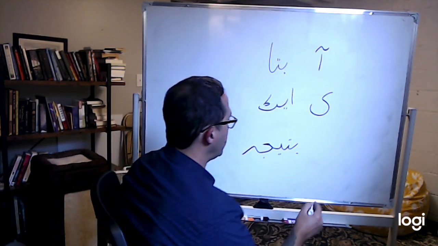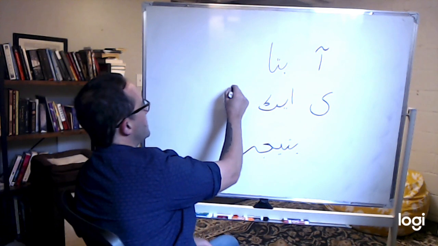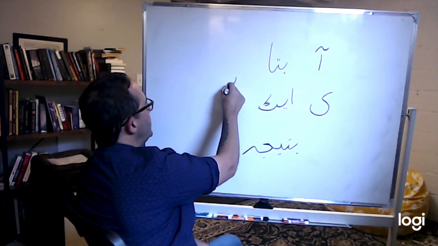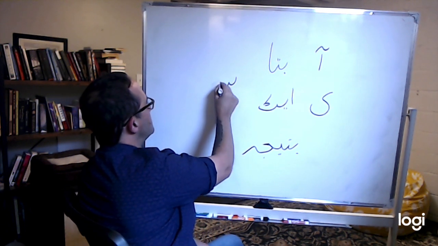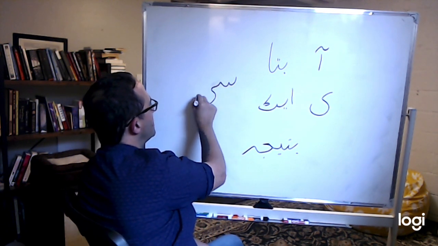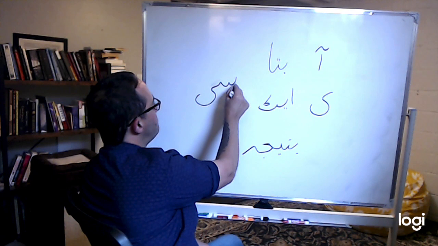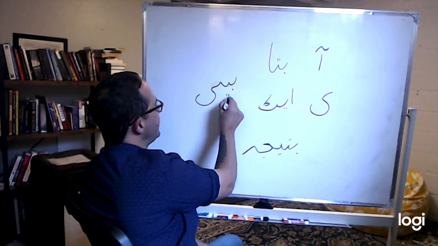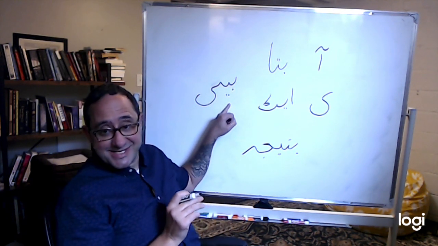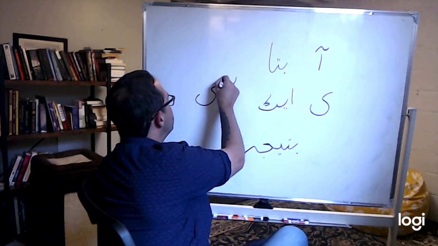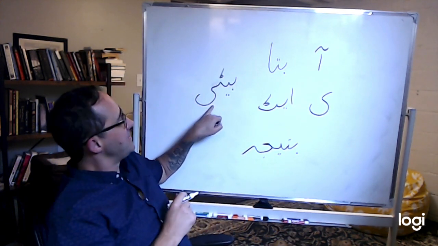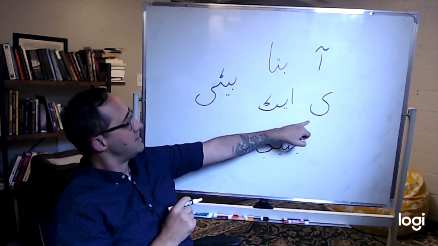Beti, which means daughter. I'm going to make it very clear here. Notice the alif looks exactly like the ye. This is alif. Beti. Here's the ta, and then you get this ye at the end like this.